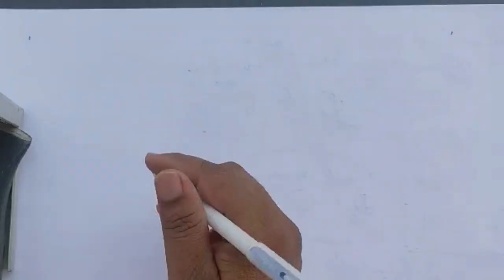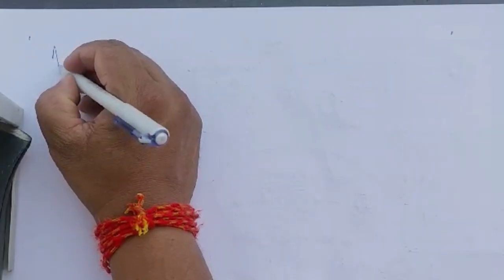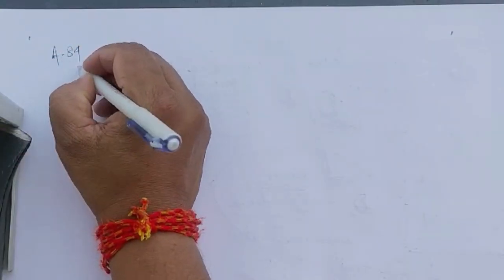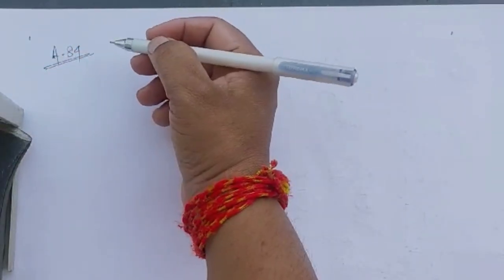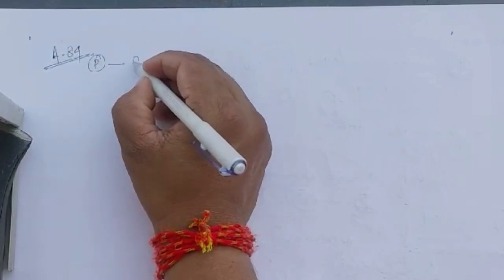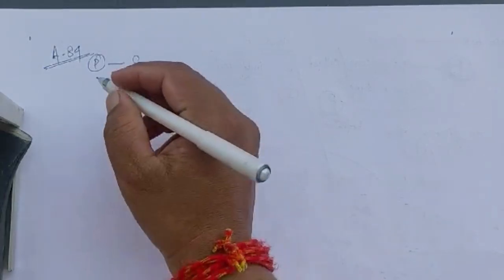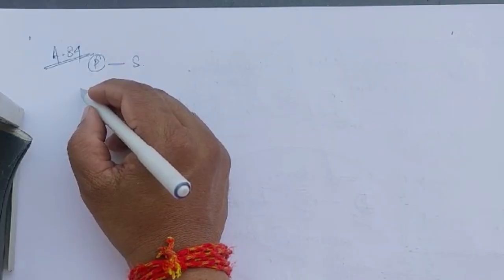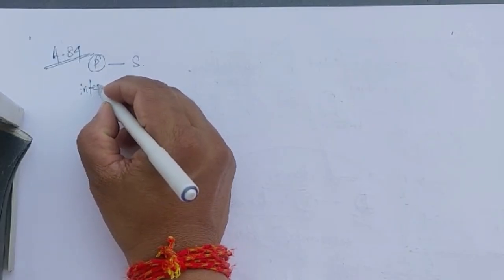Regarding case taking in different aphorisms, aphorism 84. Physician has to remain silent. What does aphorism 84 state? Physician has to remain silent. That means you do not have to interrupt.